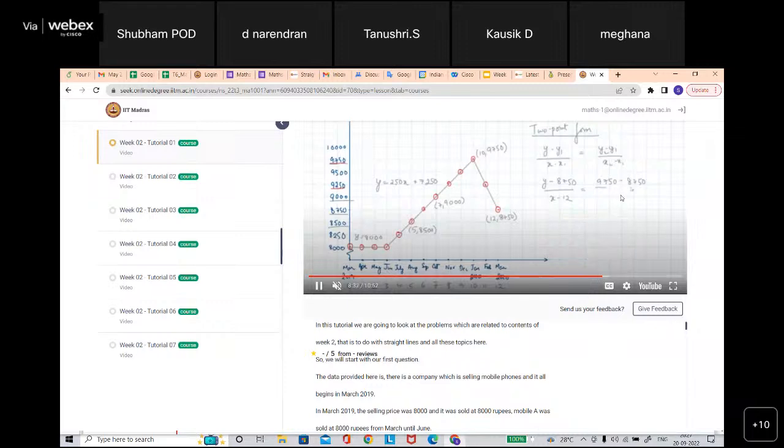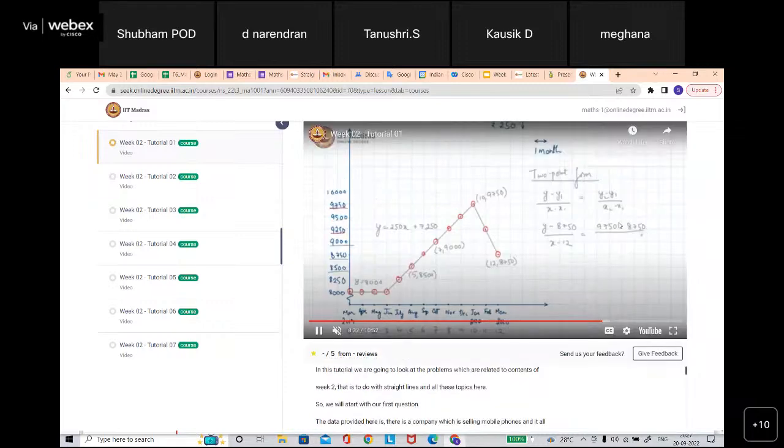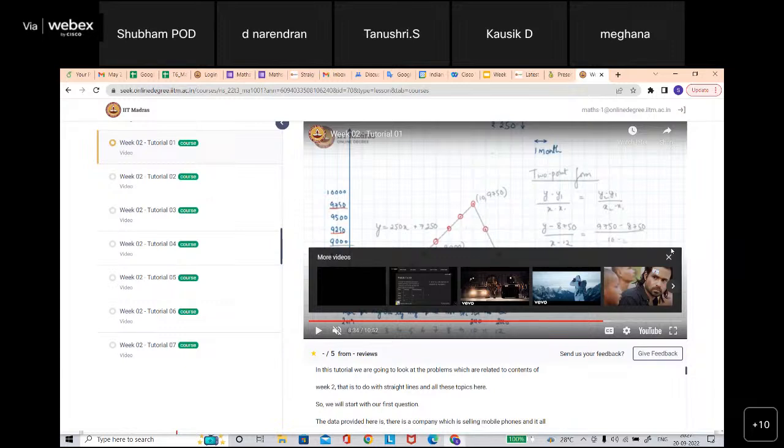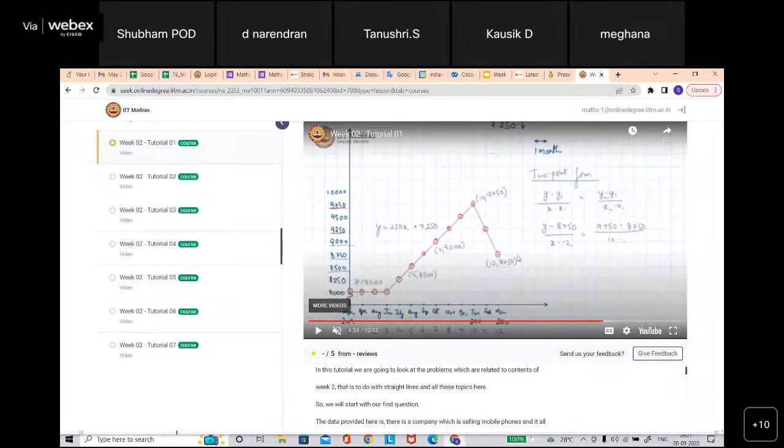Based on that, he is finding the slope of the line between June and January. Here is December, January, February, March. He finds the slope of the line between March and January.